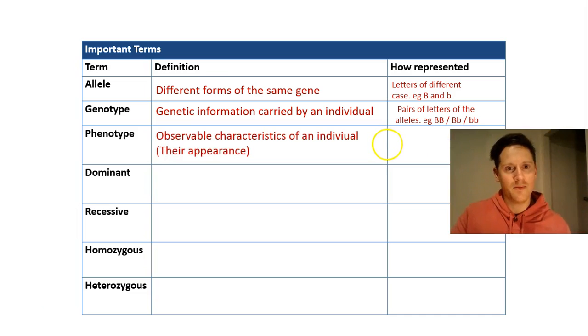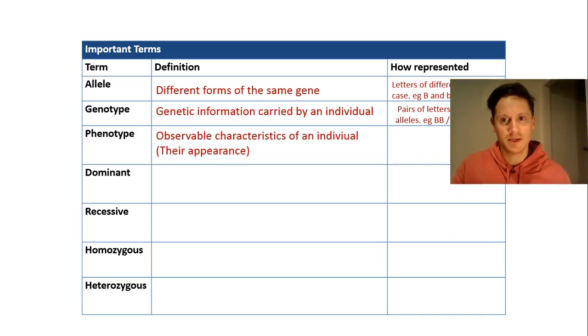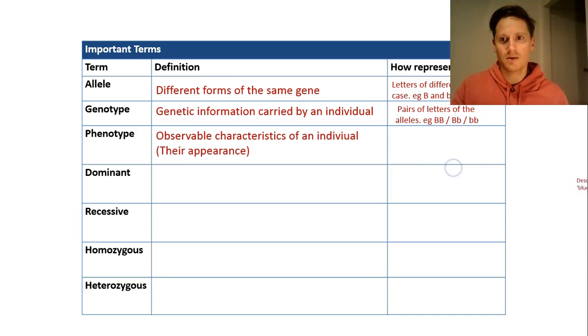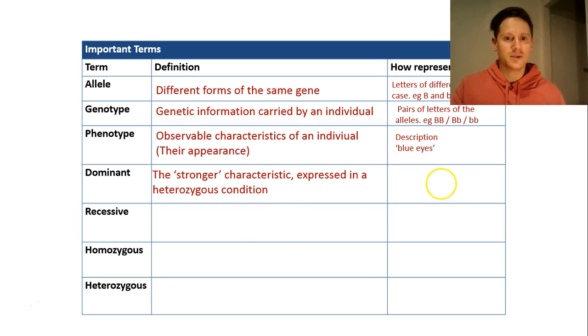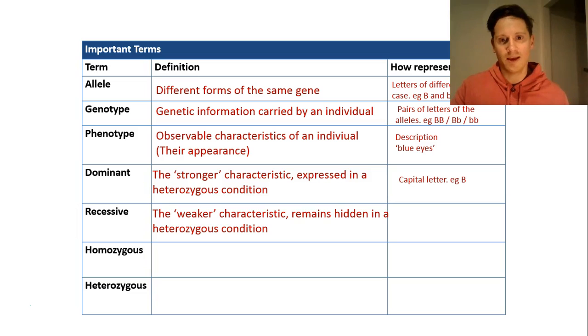The phenotype is the observable characteristics of an individual, so it's their appearance, and that's represented by its description, for example, blue eyes. Dominant is the stronger characteristic, which is expressed in a heterozygous condition, and that's represented by a capital letter. Recessive is the weaker characteristic, and it remains hidden in a heterozygous condition, and you represent recessive with a lowercase letter.